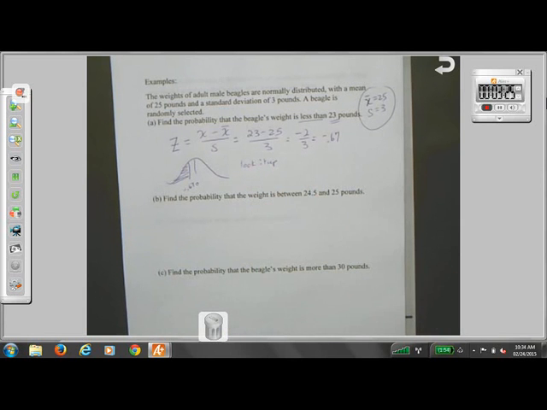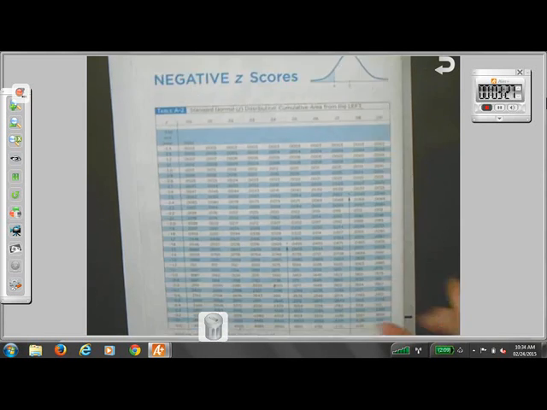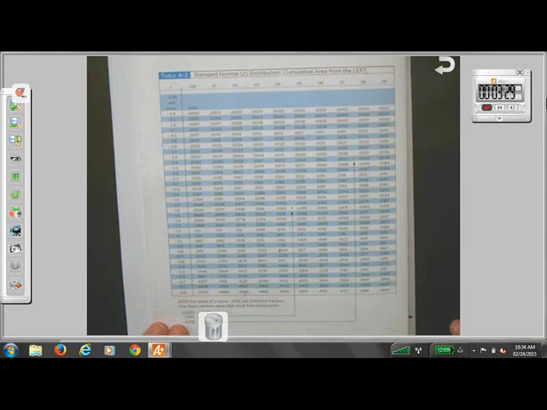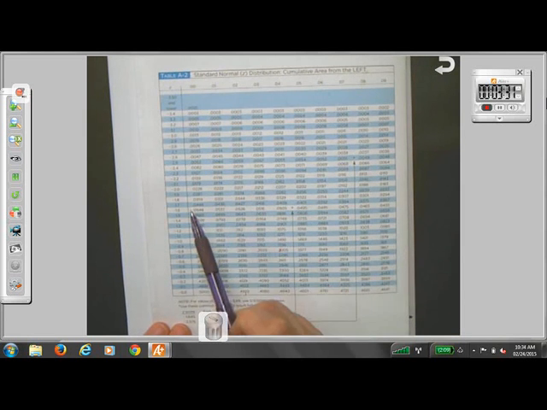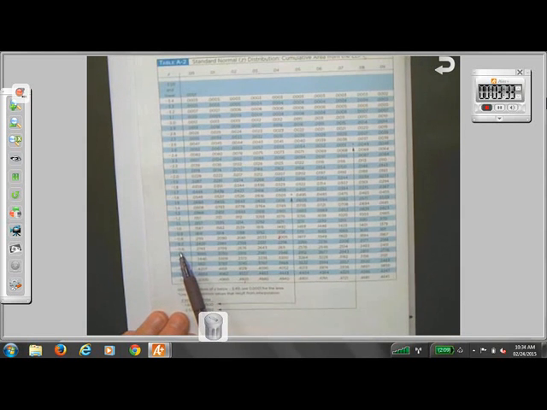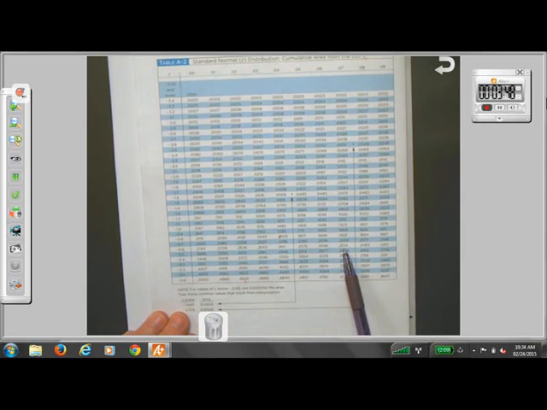So on the negative side of your z-score table, you go down to negative 0.6. And if you aren't familiar with the table at this time, you should be looking at how I'm doing this. Down to negative 0.6 and over to the right so that you're under the 0.7.